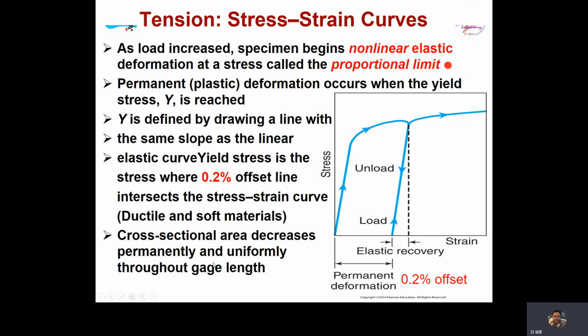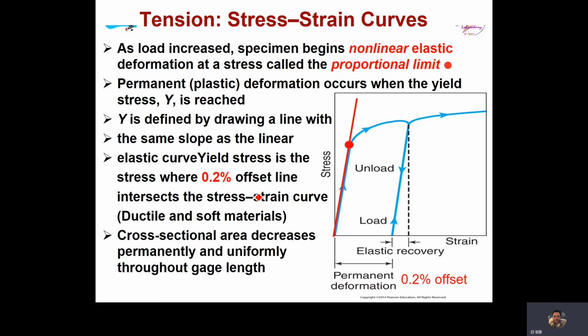Okay, so let's look at one mechanical phenomenon. I already mentioned this proportional limit, right? It's a totally linear relation between stress and strain. As the load increases, the specimen becomes non-linear elastic deformation at the stress called the proportional limit, right?